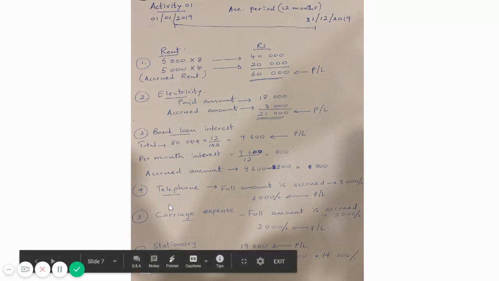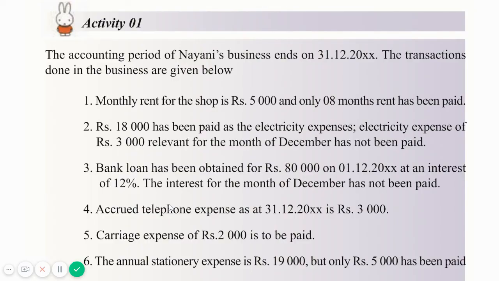Then the fourth one, they said accrued telephone expense as at 31st December 2019 is 3,000. I mean the whole 3,000, which is relevant for the period ending 31st December 2019, has not been paid by now. The total amount is accrued.